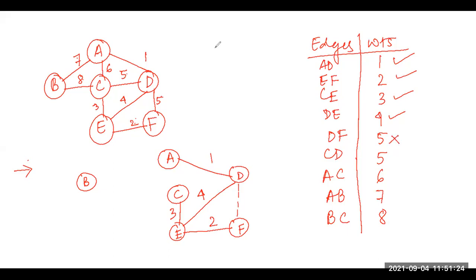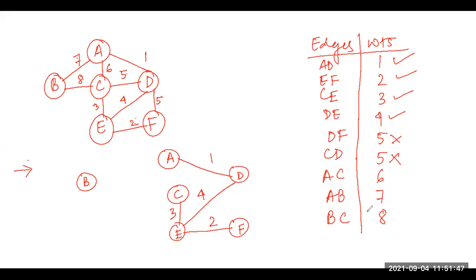Again, if I include this edge CD, then also it will give me a cycle. CDE, in between there will be a cycle, see? So even if it is 5, I won't be including this edge because we have to avoid cycles.